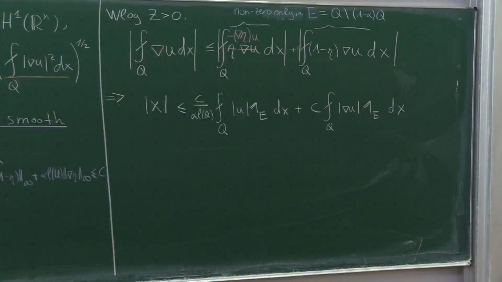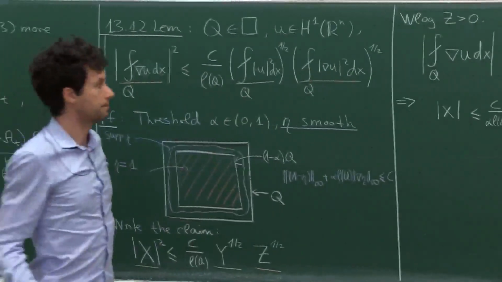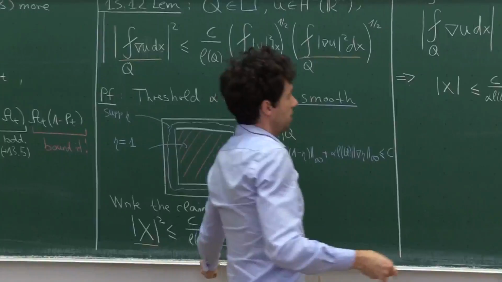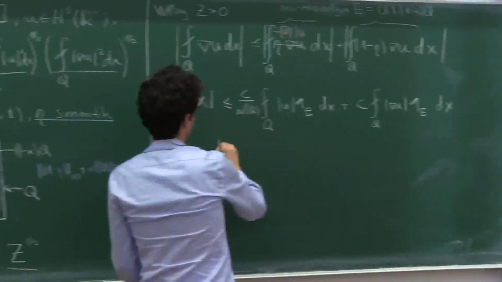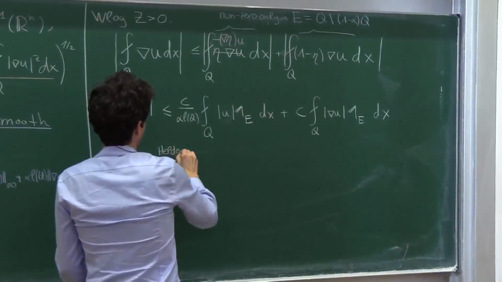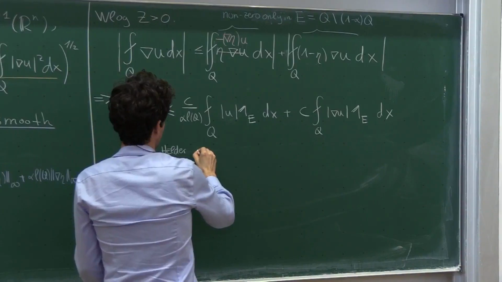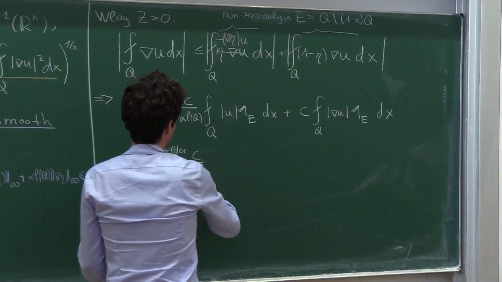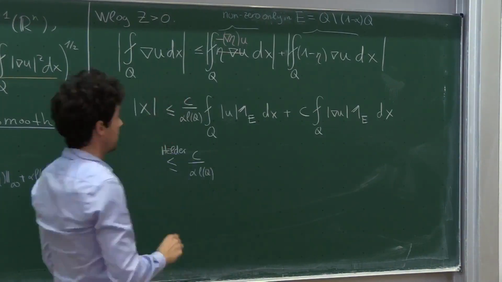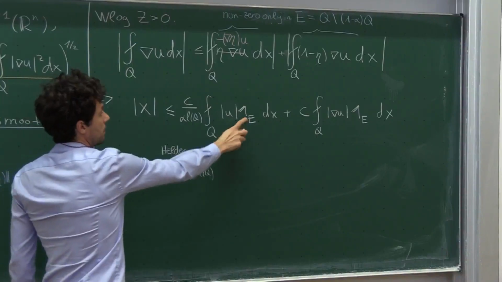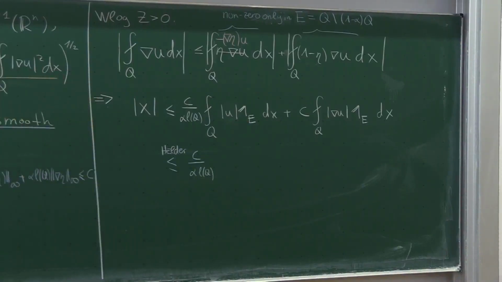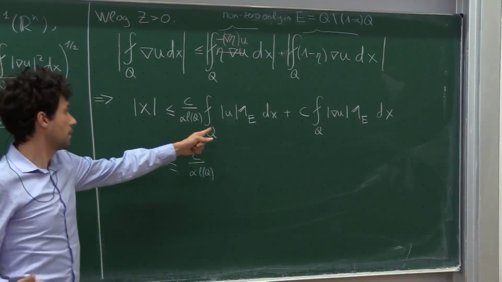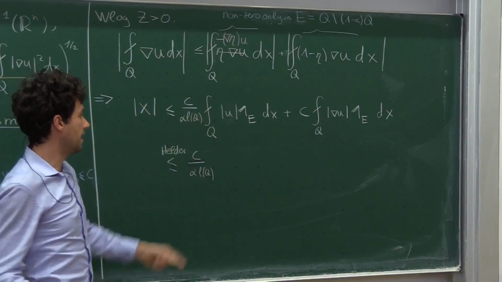And then I'm fine, and I can use Hölder's inequality because I want to go to L2 averages. And so I use Hölder. Then it gives me C over alpha L of Q times the characteristic function of E in L2 norm with respect to the average measure.